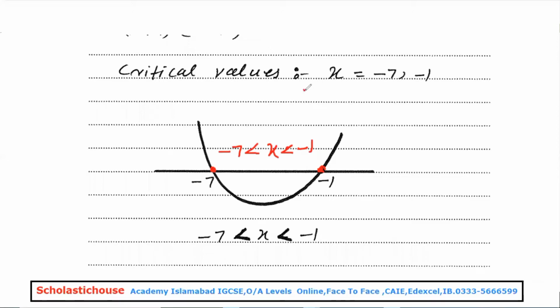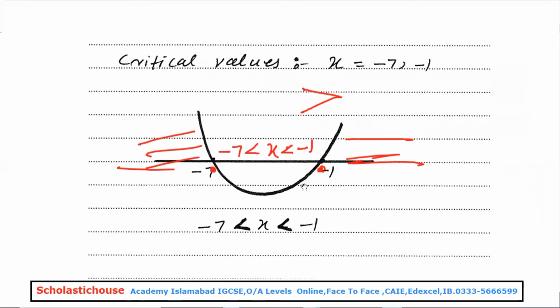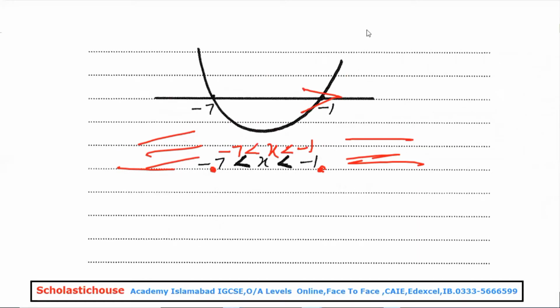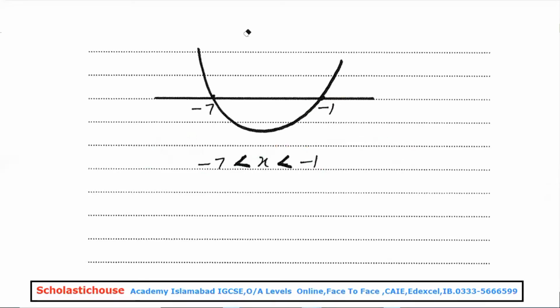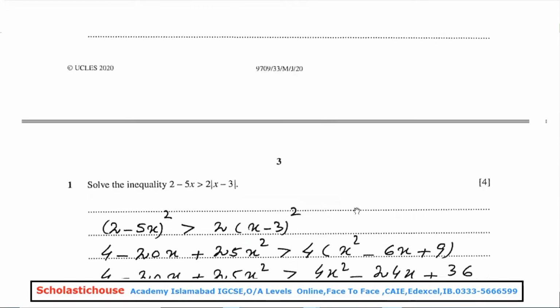In the case of greater than signs, the outer parts would be the answer. But in this case, because it is less than 0, all the values in between these two critical values will be the final answer. This question is selected from May-June 2020, variant 3.